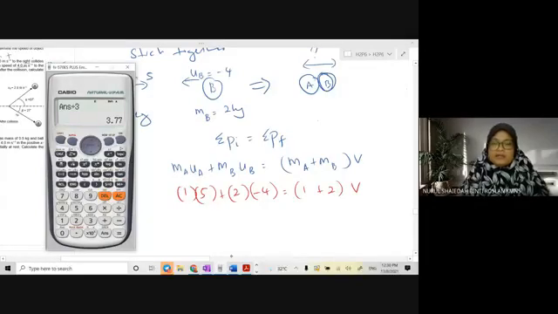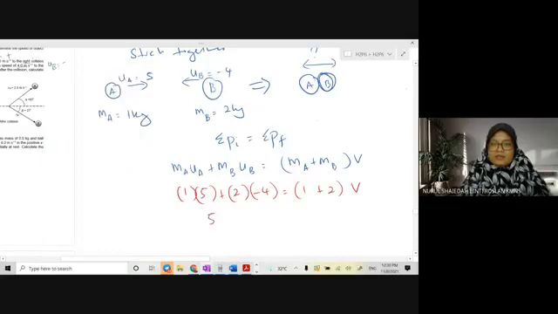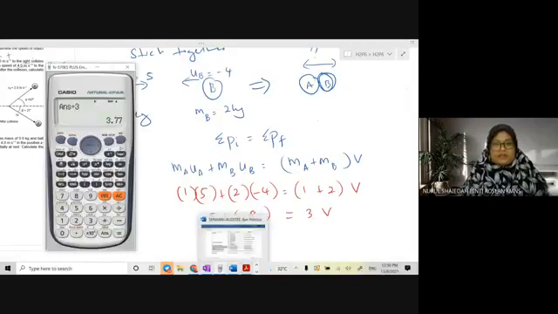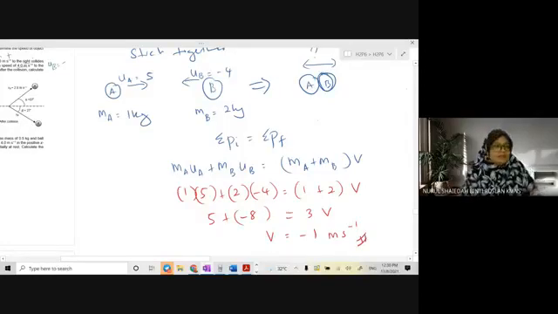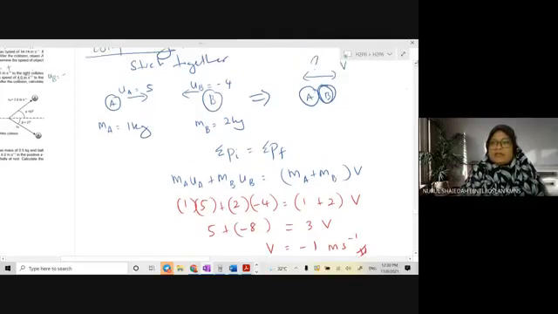Ini 5, ini akan jadi negative 8. So 5 plus negative 8 equals to 3V. 5 minus 8, divide by 3. So you get the answer V is negative 1 m/s. Negatif ni maksudnya dia bergerak ke kiri. So dalam gambar rajah ni, dia bergerak ke kiri.